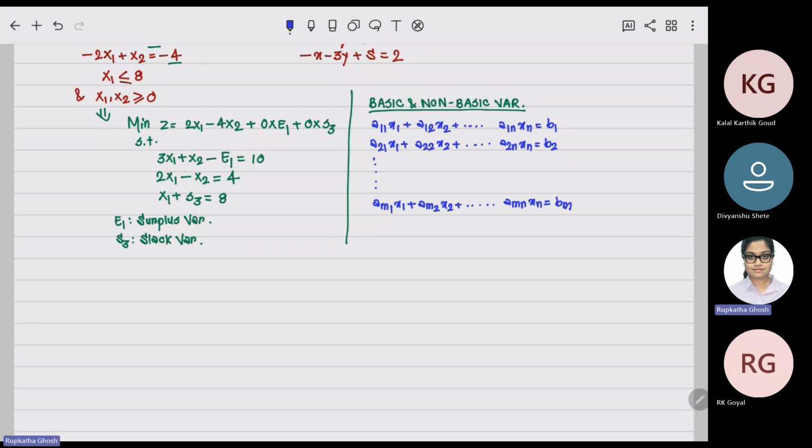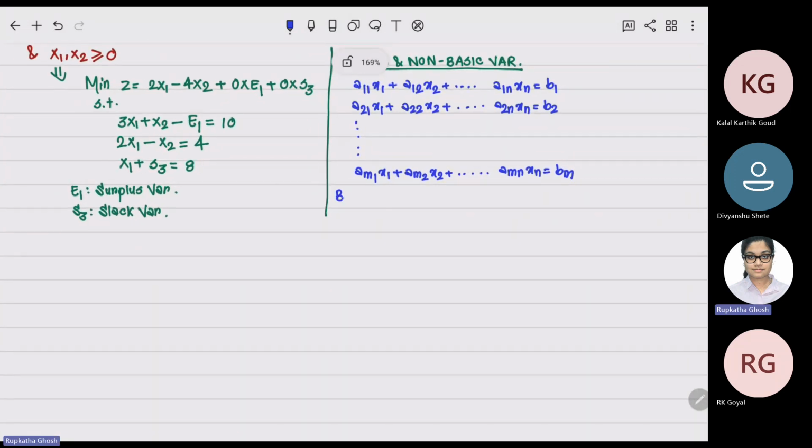Please remember this definition, it's very important. For any linear system, a variable that appears with a coefficient of 1 in a single equation and a coefficient of 0 in all the other equations is called a basic variable.